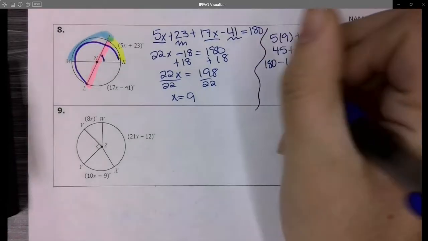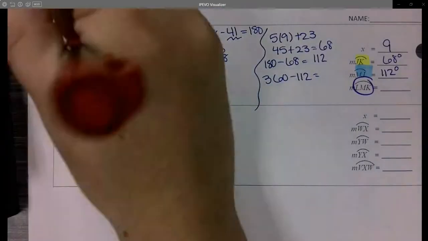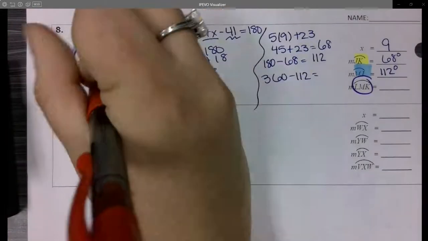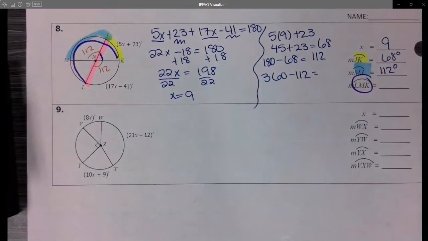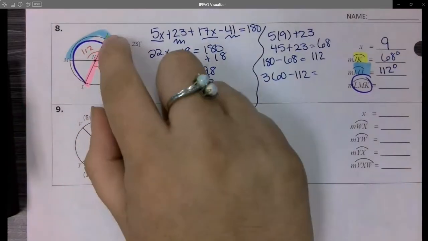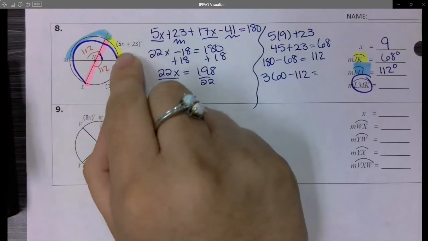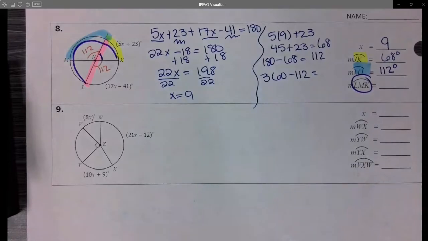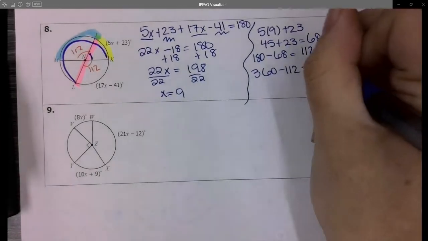I can do 360 minus 112. This is because this angle was 112, and this one is vertical angles with it, so I would subtract that. The other way I could have done this is, since the pink line makes a straight line, I could have done 180 plus the 68 that I had for JK. So 360 minus 112 gets me 248.